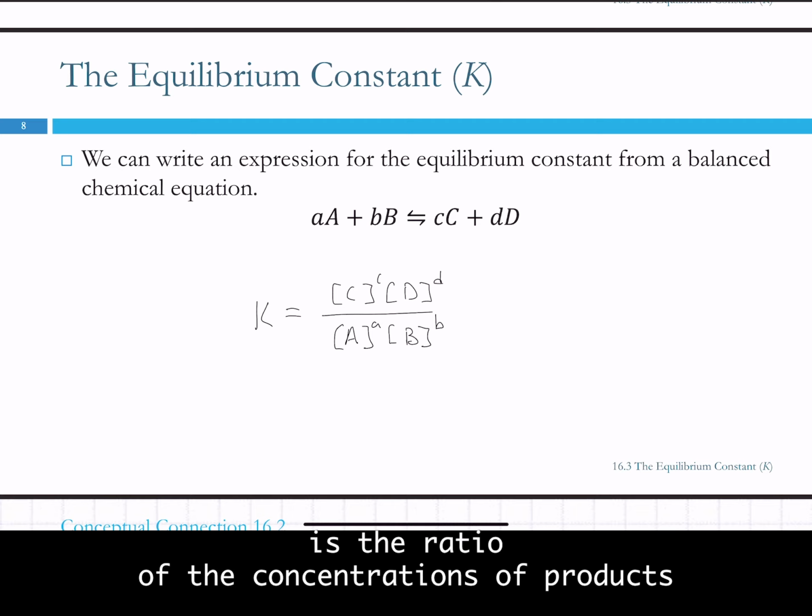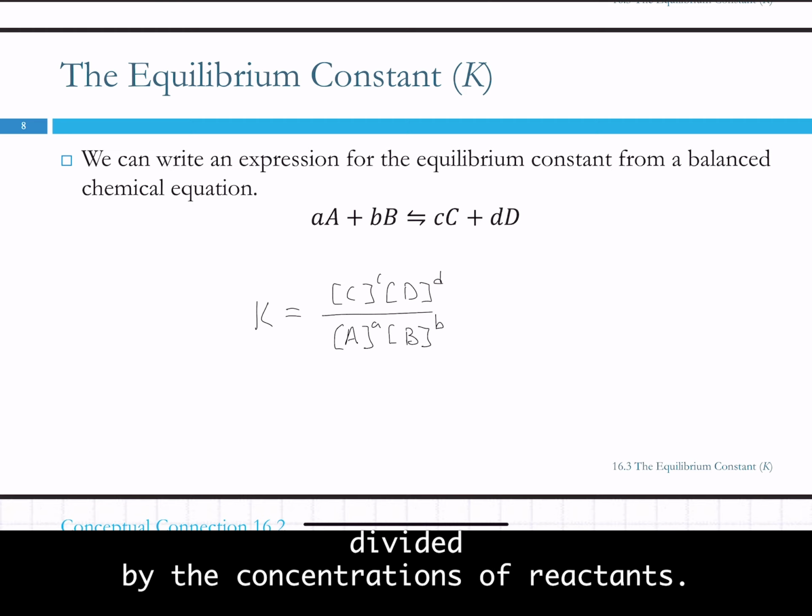Because K is the ratio of the concentrations of products divided by the concentrations of reactants.